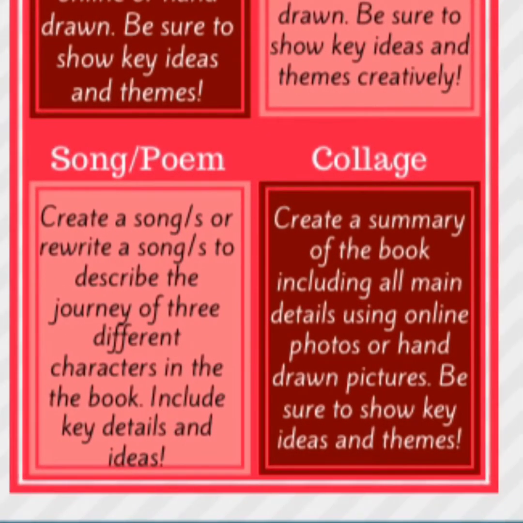The song or poem, you can create your own, or you can rewrite a couple songs from the perspective of Lena and 2 other characters in the book. Ones of those I've gotten in the past are pretty great. Or you could do a collage, and if you think about a collage, anyone can pull pictures off of Google and put them on a piece of paper.